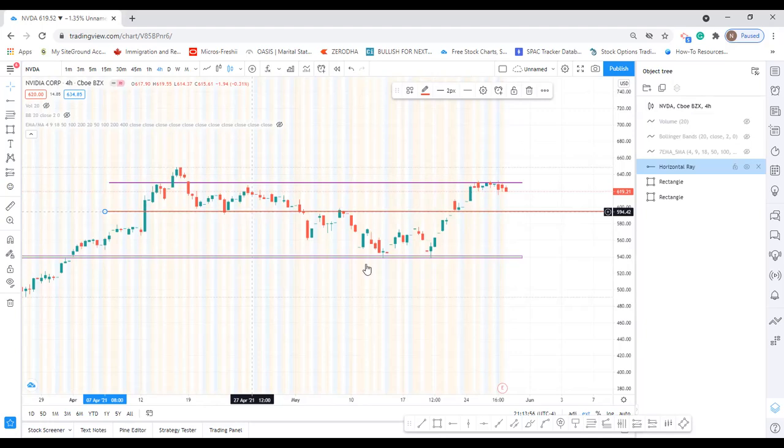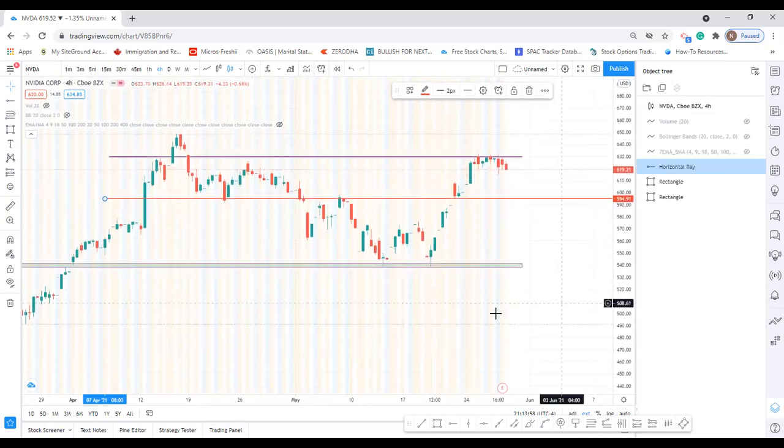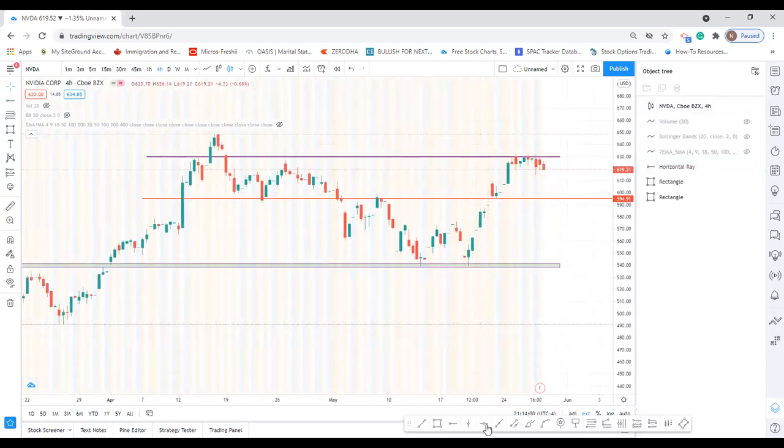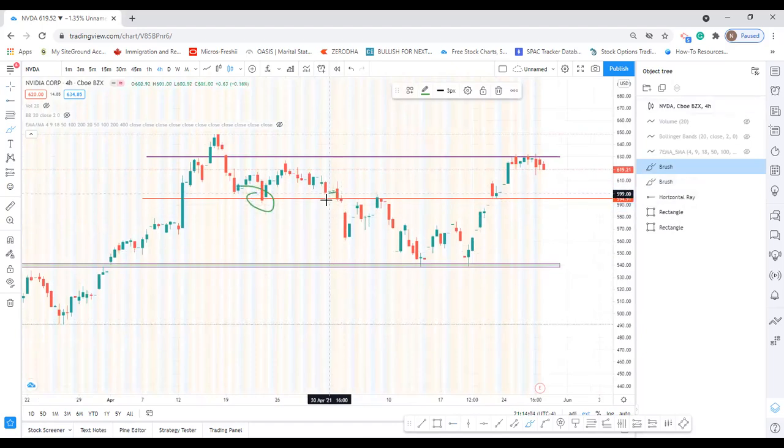Why? If you ask me why, because the price took the support here but couldn't hold it, and then it fell down, it got rejection here, it took the support here for areas, and here it gave the complete breakout.